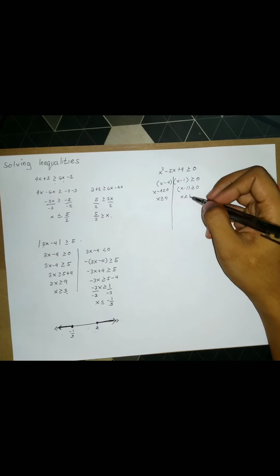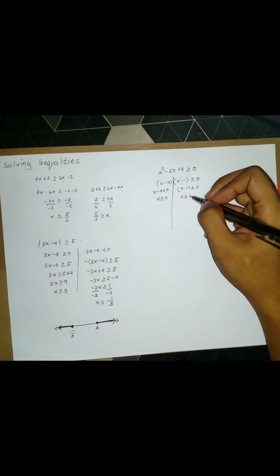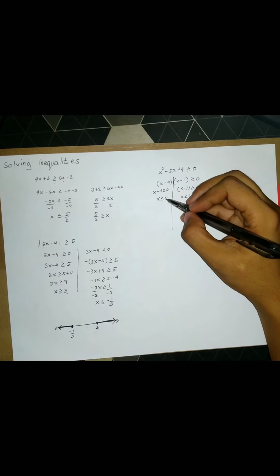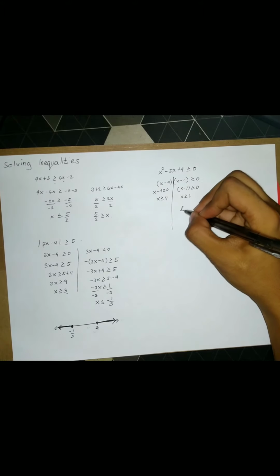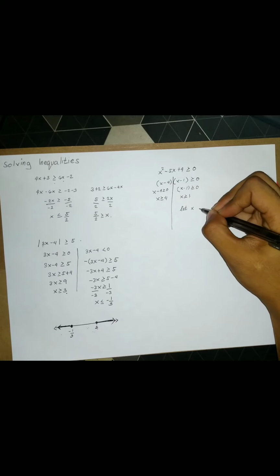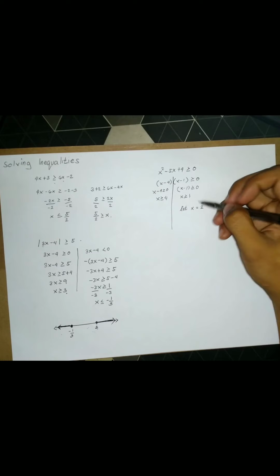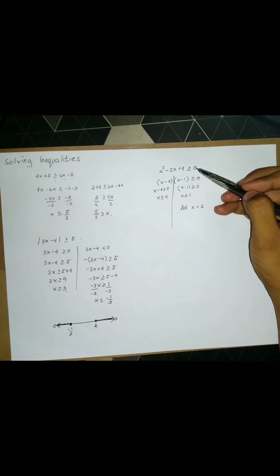Let's assume a value greater than 1 but less than 4. So let x be equal to, let's say, 2. We substitute it here. Will it give us a value greater than or equal to 0?